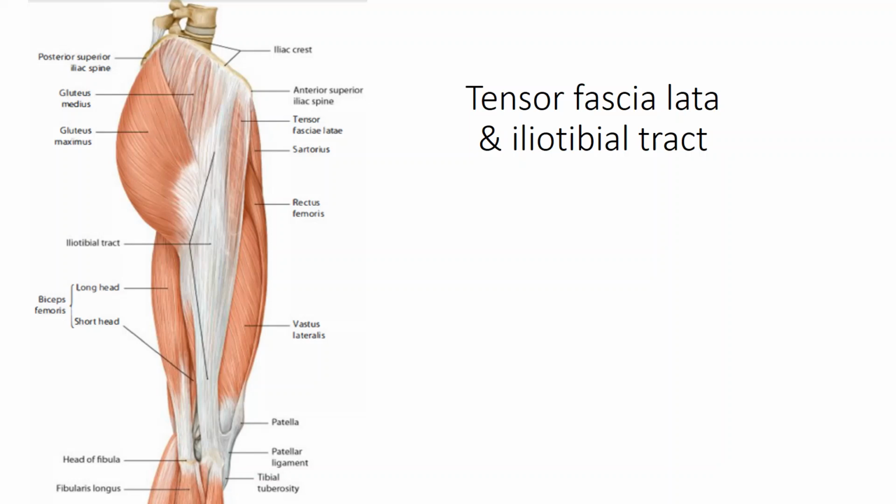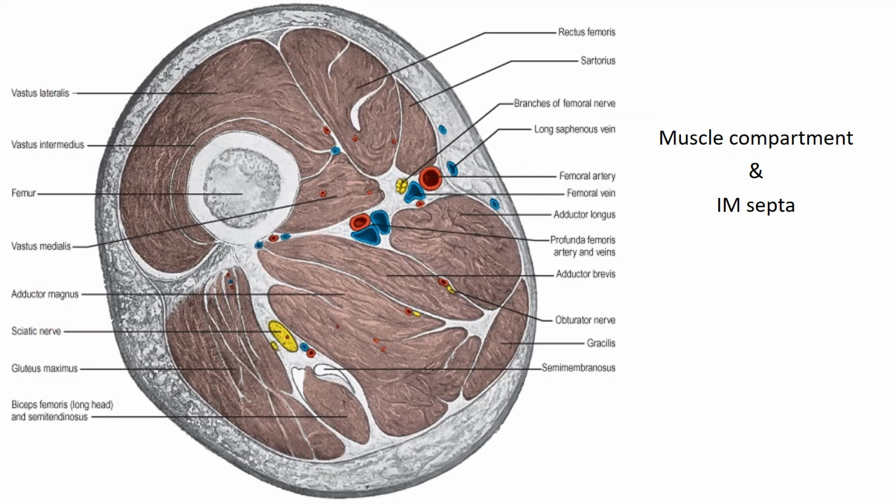Then in the lateral portion, just to revise, there is a concentration of the fascia lata known as the iliotibial tract. In the upper portion there are muscles related to this, and this is the tensor fasciae latae, lying between the split portion of the fascia lata. So this is lying lateral in the anterior compartment.